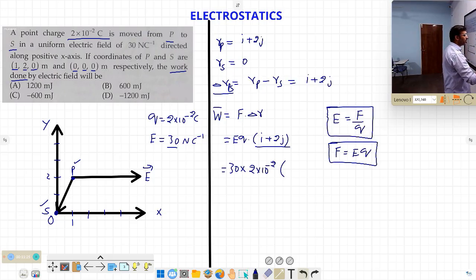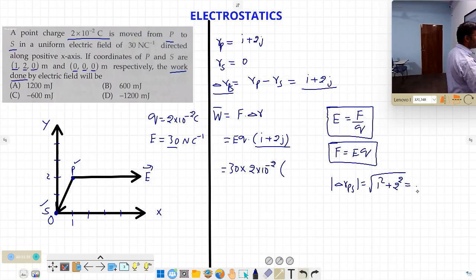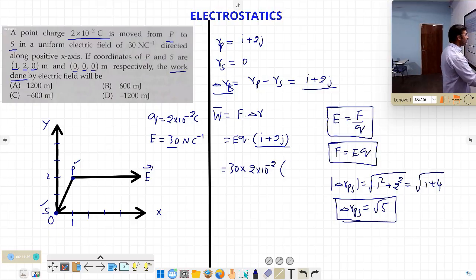The magnitude of delta r, P to S, is the square root of 1 square plus 2 square, that is root of 1 plus 4, which is root 5 units. So the change in position in terms of magnitude is root 5, which we apply here.